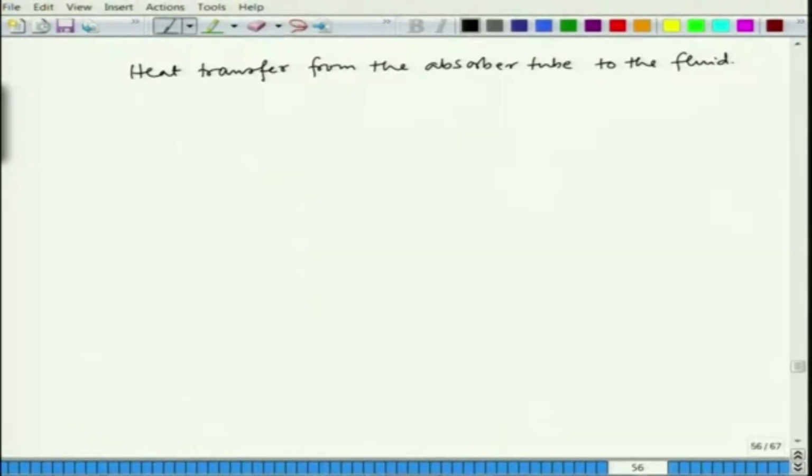So, now and for that we require the heat transfer coefficient h f. Okay. So, here the typical correlations are available.